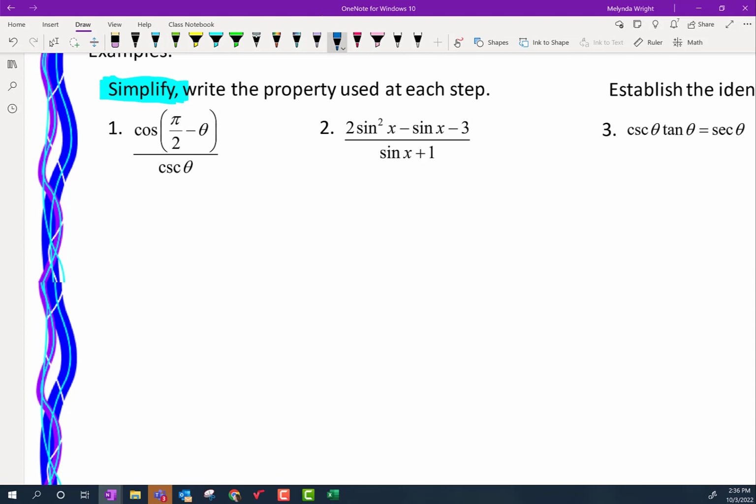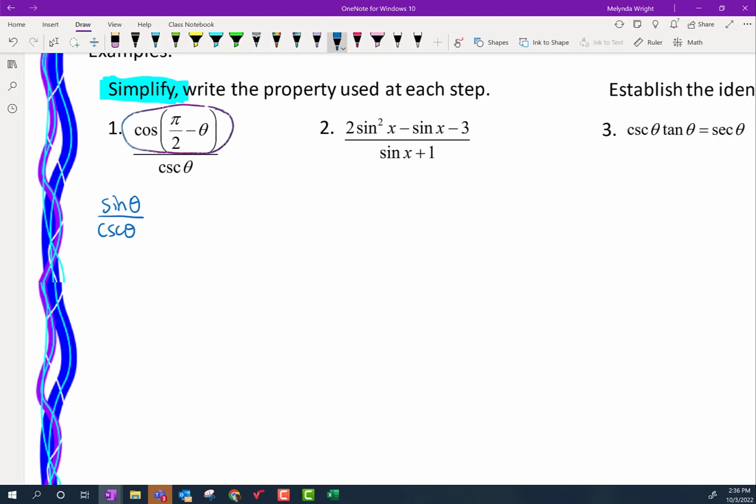So as we look at that first one, this right here is something I just talked to you about. This is new for us. This is a cofunction property. Do we remember from the little properties that I just showed you, what is cosine of pi over 2 minus theta equal to? Sine theta. So what we're going to do is replace the numerator with sine theta.